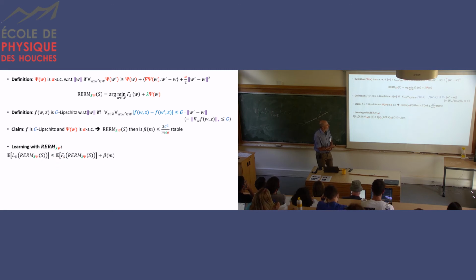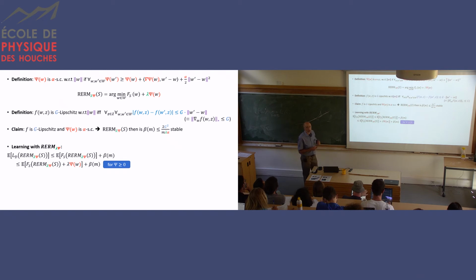Okay? And what can I say about the empirical error of the regularized empirical risk minimizer? So at least if my regularizer is not negative, and again, I can take that without loss of generality because otherwise I'll just add a constant to it to make it not negative, and adding a constant to psi doesn't actually change the learning rule, then I can bound the empirical error of the regularized risk minimizer by its empirical error plus this non-negative regularization term.